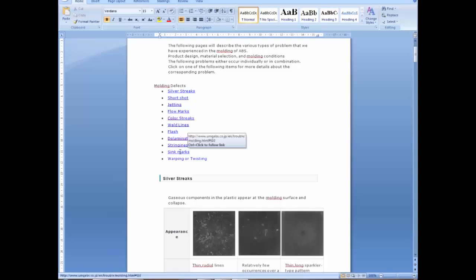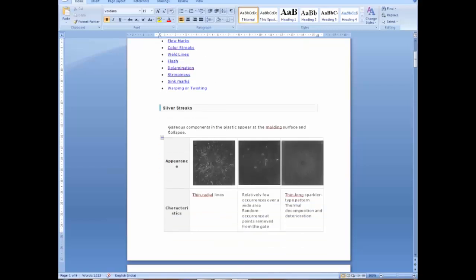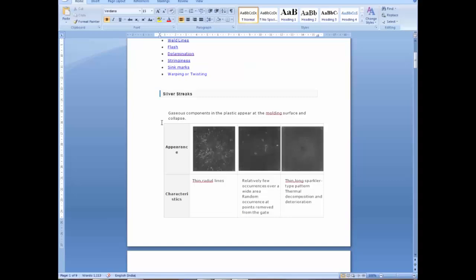Delamination, sink marks, warping or twisting. We will discuss all these one by one, so you will get a good idea of which kinds of defects can arise when we produce a plastic part.